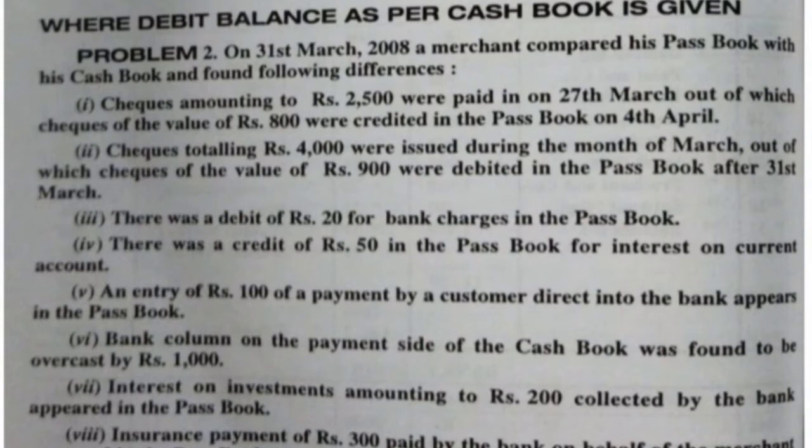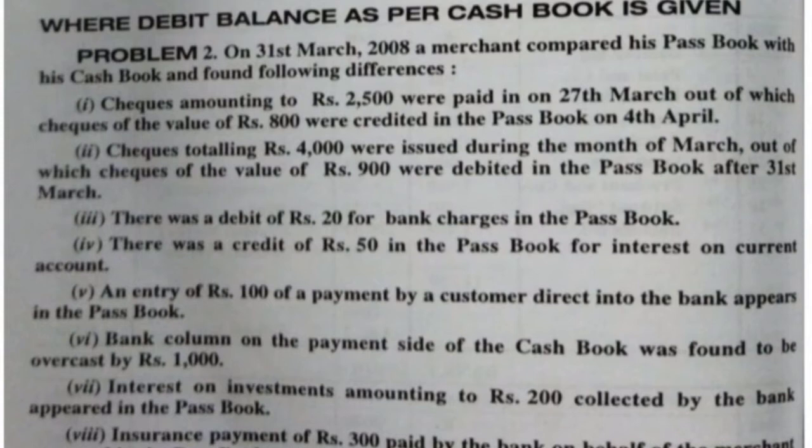Therefore, the passbook will be showing the increased balance, because the bank has not deducted the amount of 900. So in the passbook it is showing the increased balance by rupees 900. Therefore, we need to add the amount of 900 to the debit balance as per cash book.